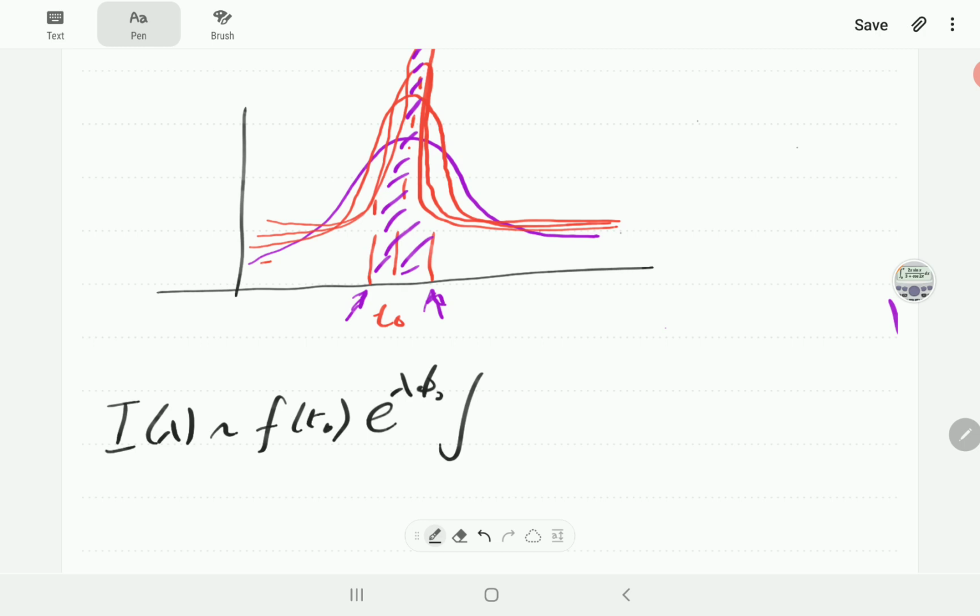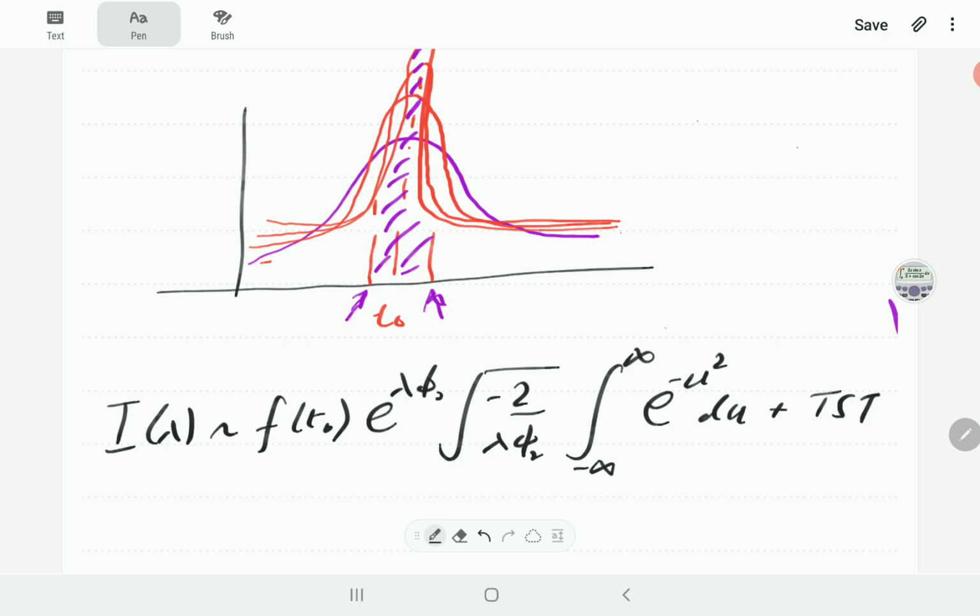There is the square root term, negative 2 over lambda phi double prime, then the integral from minus infinity to infinity of e to the minus u squared du, and then there's going to be some transcendentally small terms there.